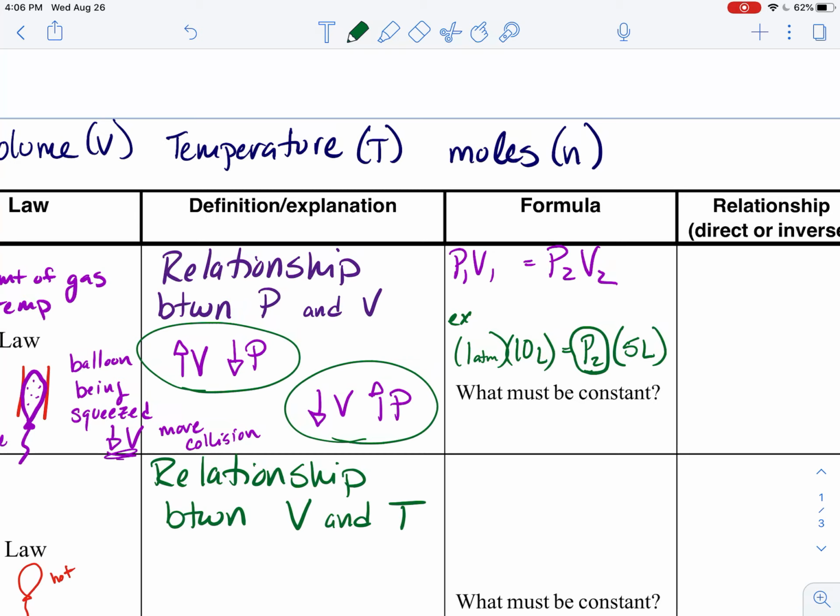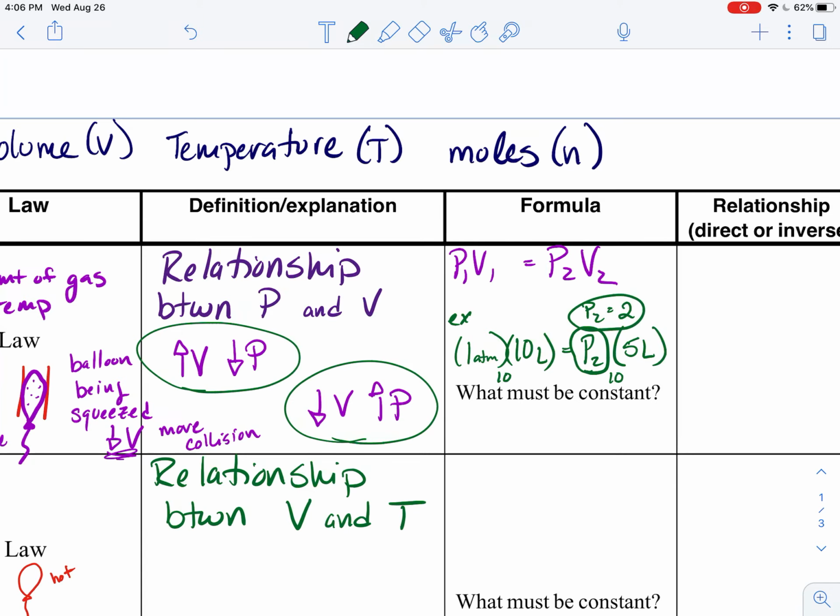What happens to this number? Well, this side is equal to 10, and this side so far is 5 liters. So pressure here must be at what? 2? So that this side will also equal 10. So to make the right side equal 10, then my new pressure must be 2.